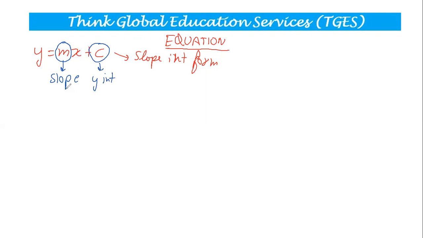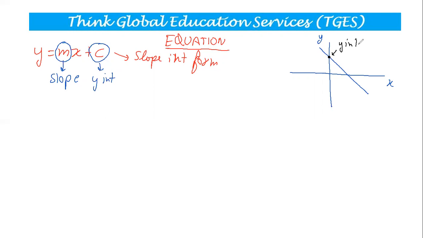Now guys, we already discussed the slope in the last video, so we know what slope is. Now what is this y-intercept? I'll take a quick example to show what we actually mean by y-intercept. For example, this is the x-axis, this is the y-axis. Now if I take any random line, the point where the line cuts the y-axis is called the y-intercept.